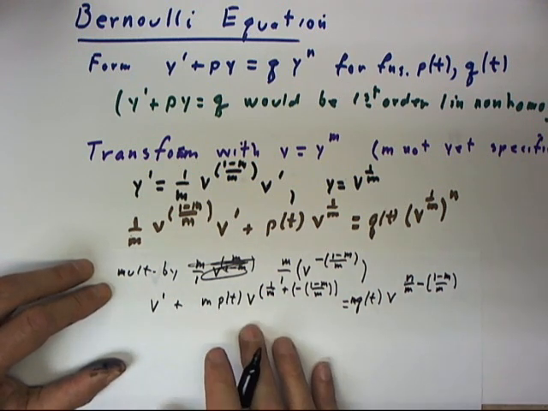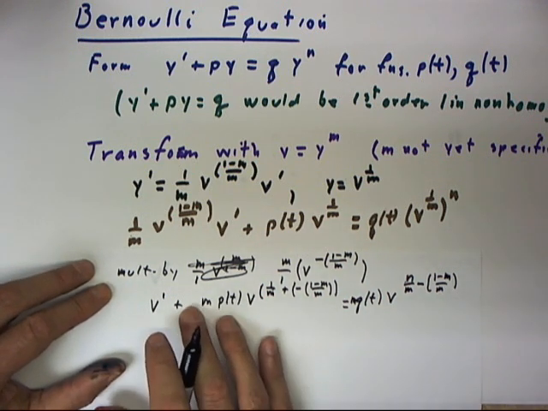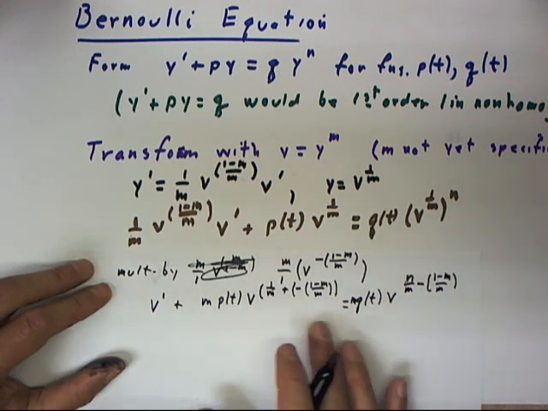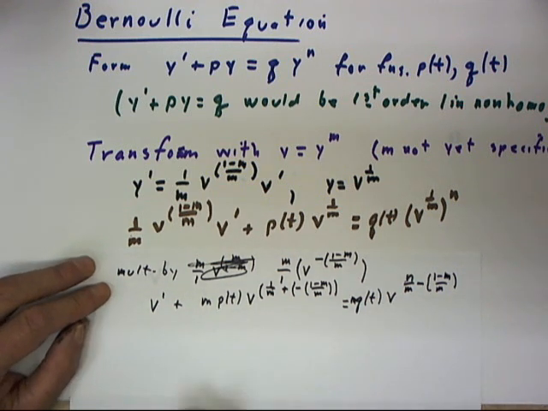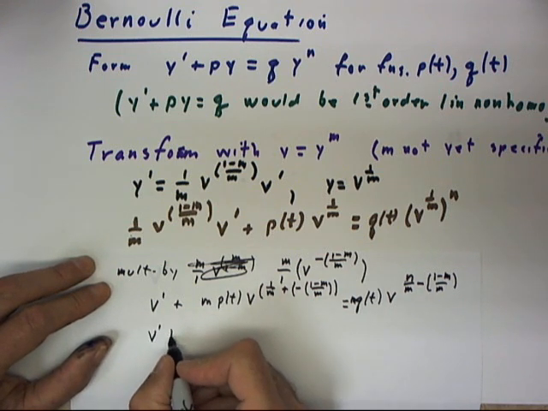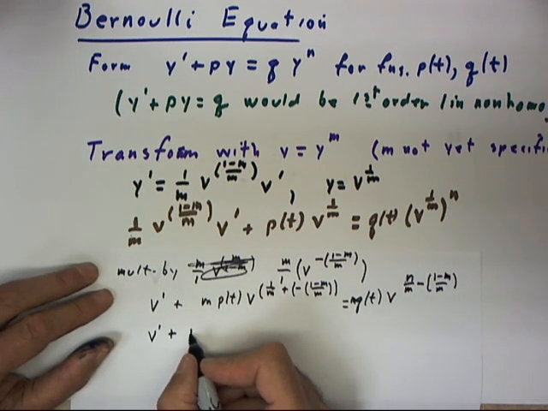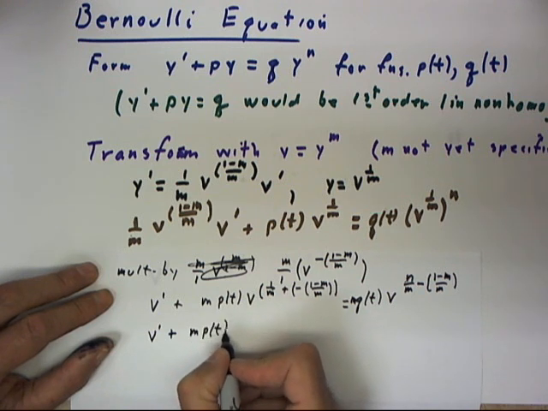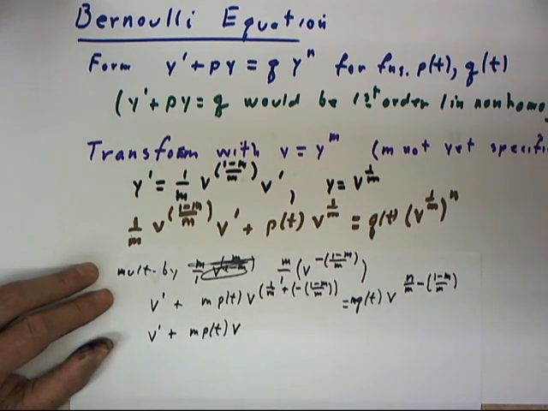So being careful to write out our powers. There's nothing difficult about this. We just got to be careful to apply the rules of exponents very carefully. We get v prime plus m p of t times v raised to what power?